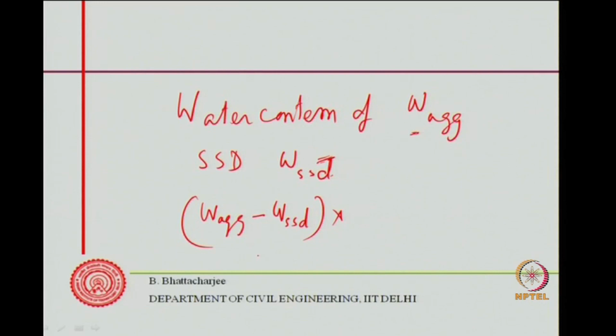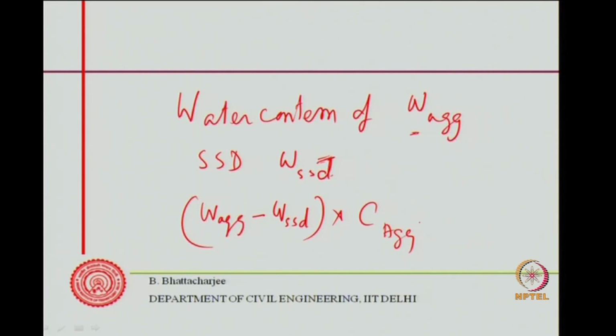So, this is the additional water, and this additional water multiplied by the CAGG, the mass of the coarse aggregate, must be added to the water content. This quantity of water is additional water, and correspondingly you must add aggregate as well, because aggregate contains additional moisture.